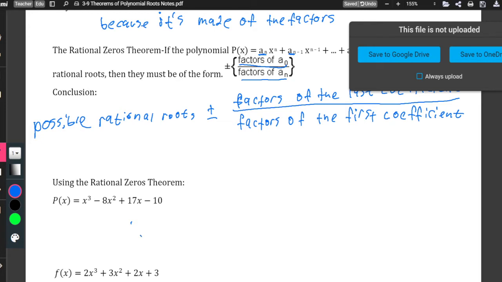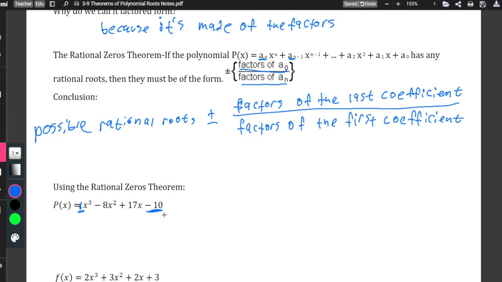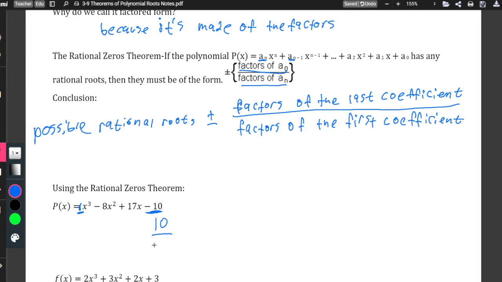And we're back. So, when it says possible, we're going to have a lot of different options. So just as an example, our last term here is negative 10. Our first one, we do have a coefficient, it's 1. So the possible factors for 10: we'll have 1 and 10, 2 and 5, and there aren't any other factors for 10.